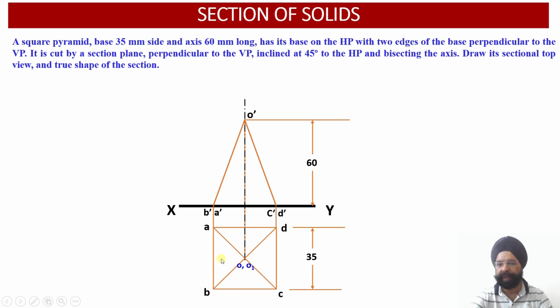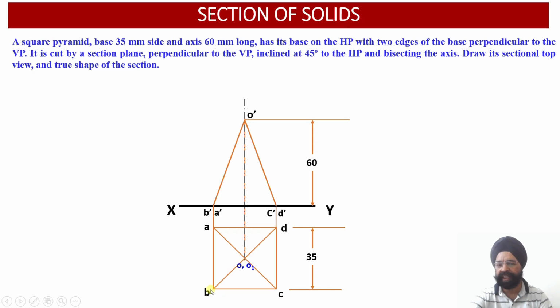Now we must remember that the projection of the slant edge OA in the front view will be dotted, because this slant edge is lying on the back side. But its dotted projection, that is the hidden line projection of O dash A dash, will be coincided with or superseded by the solid line or object line projection corresponding to the slant edge OB.